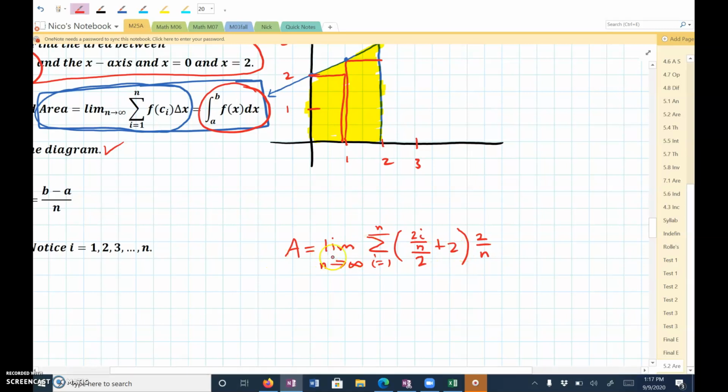Okay, we left off at this. Now I need to figure out this guy. So let's look at 2i over n over 2 plus 2. Here I could multiply the numerator and the denominator by 1/2. So that would cancel out. This would cancel out. So this is going to equal i over n plus 2.